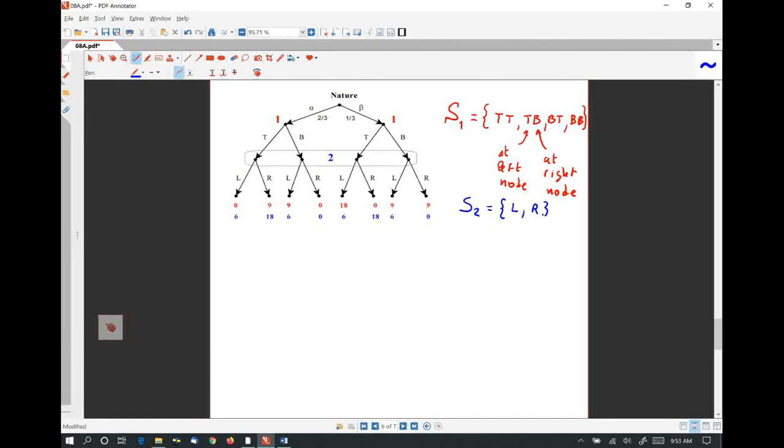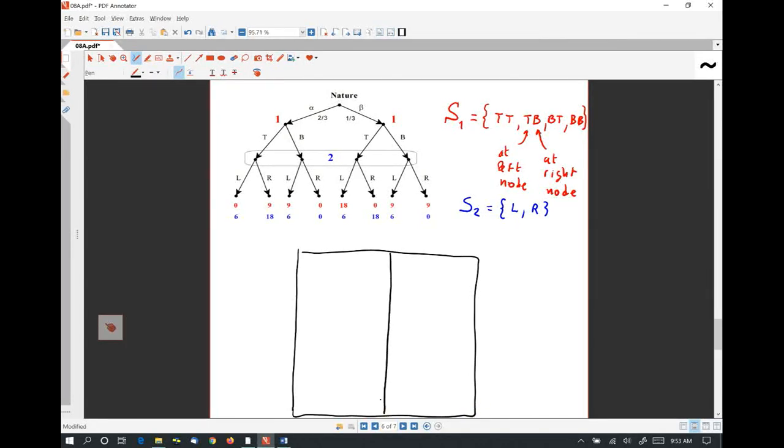So if we draw the strategic form, then what we need is a table with two columns.